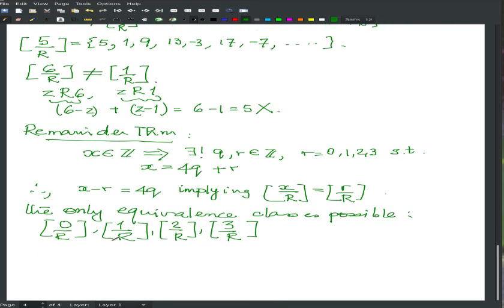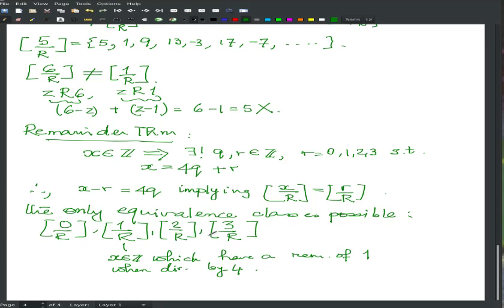We often say, what is this equivalence class? This is all the integers which have a remainder of 1 when divided by 4. Similarly, what is the class of 2?